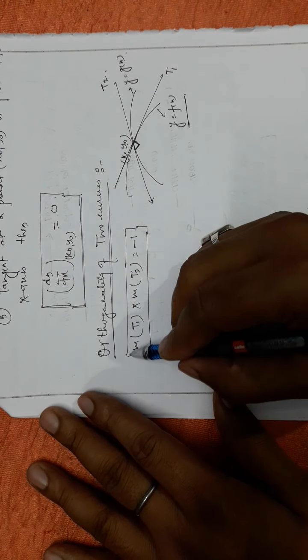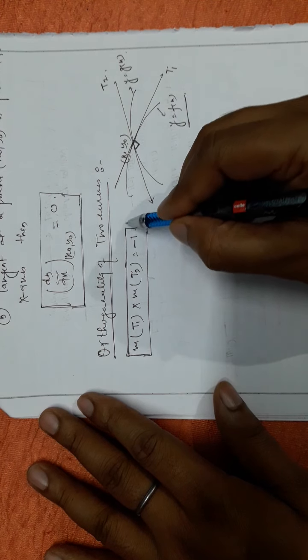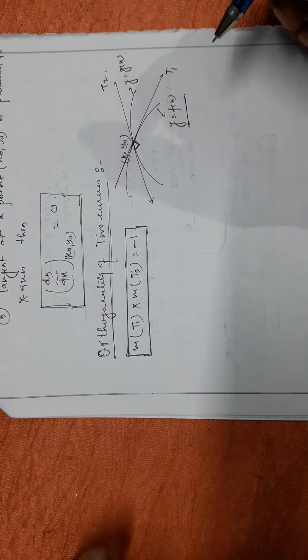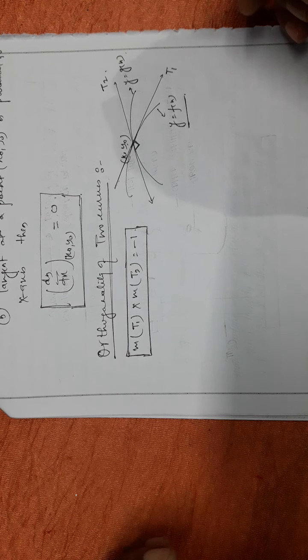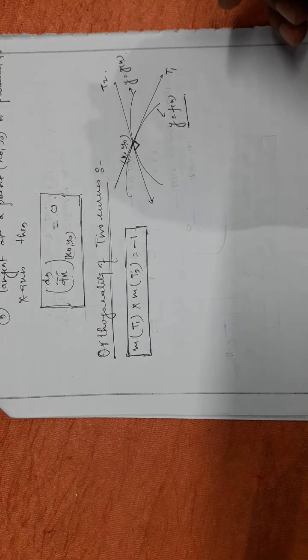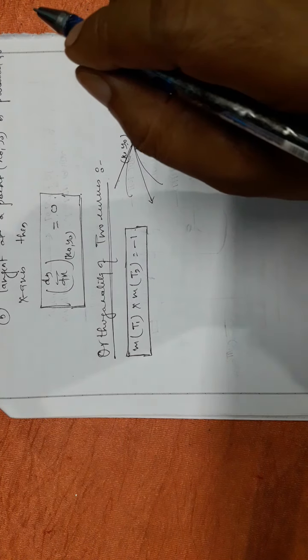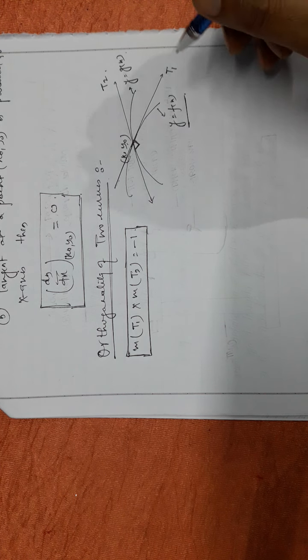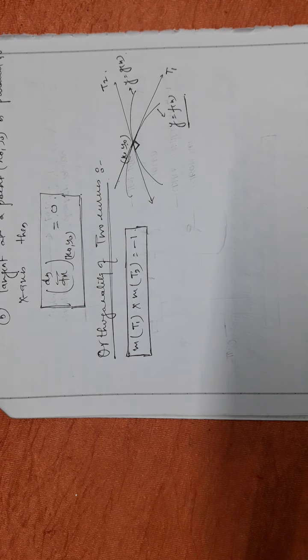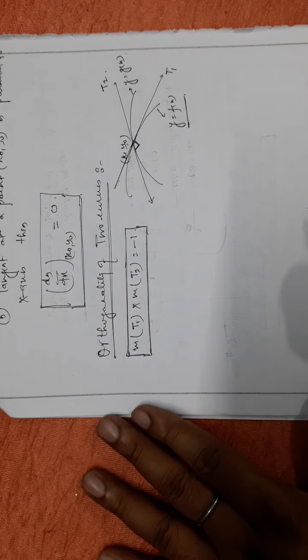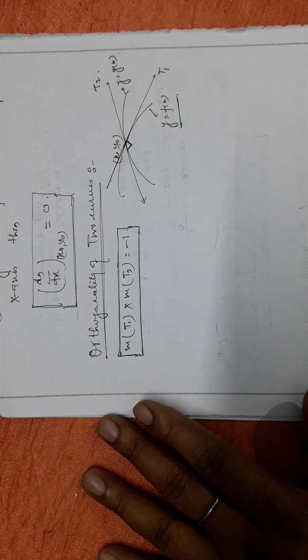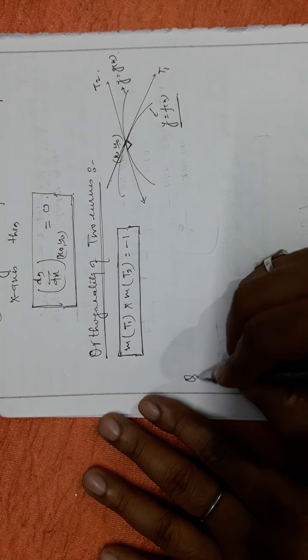These things we have to remember. Two curves intersect each other at right angle means the tangents at the point of intersection of the two curves are at right angle. That means the product of slopes of tangents at the point of intersection of those two curves is equal to -1. Now I am considering some questions on these facts.